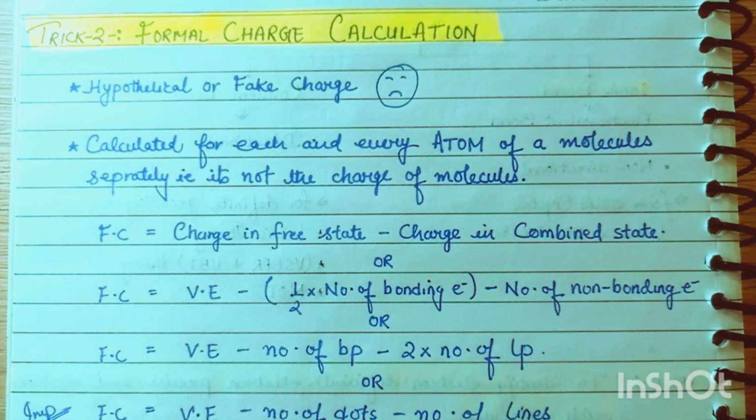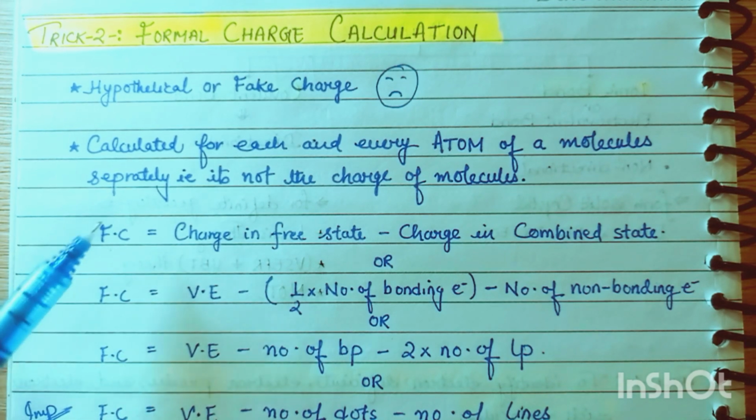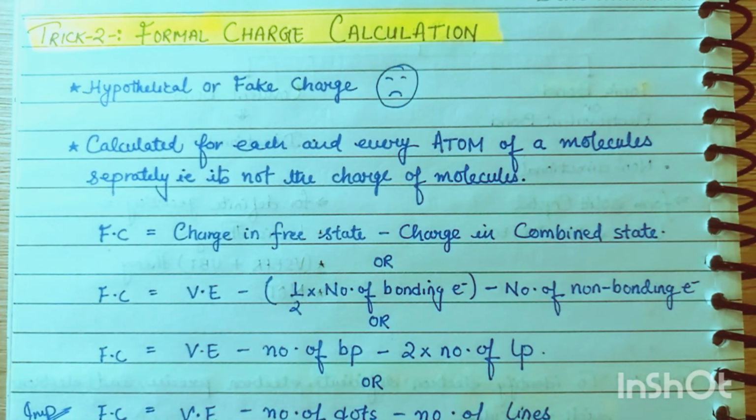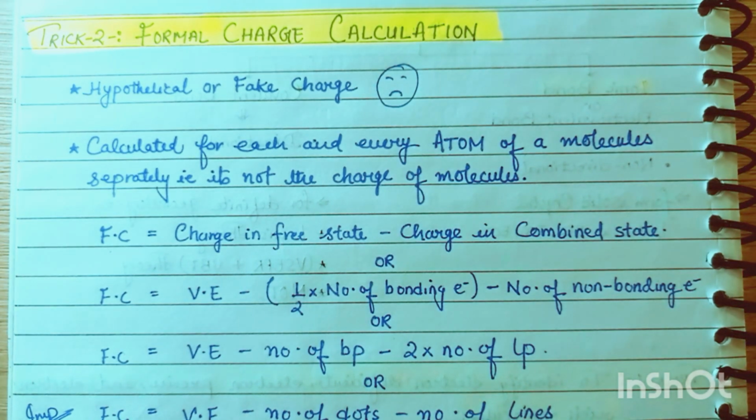It is not the charge of the whole molecule. So I think you are thinking that it is something different from the normal charge. Yes, you are thinking correctly. Formal charge can be calculated by different formulas, but at the end of the video I will show you the trick to calculate the formal charge even without memorizing the formula.